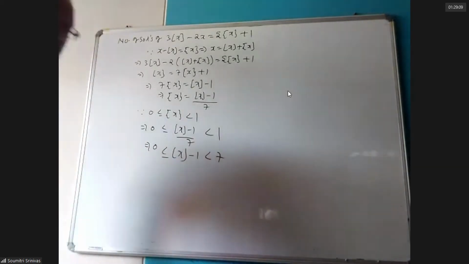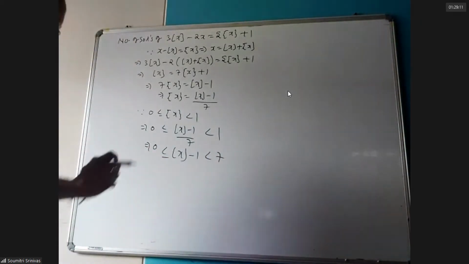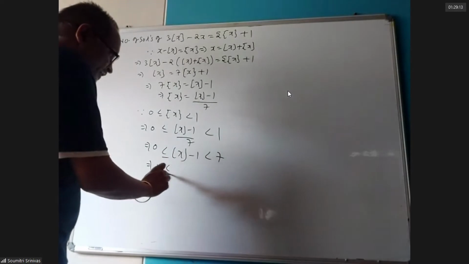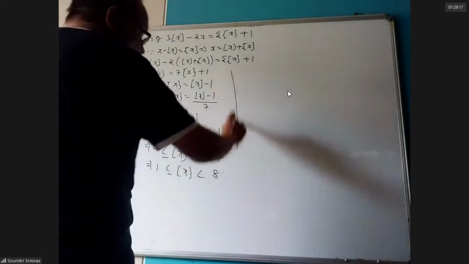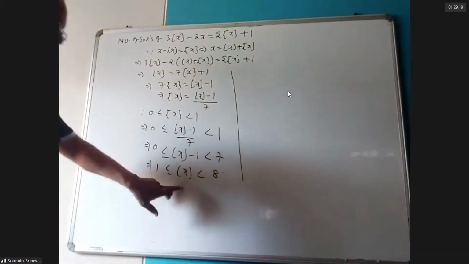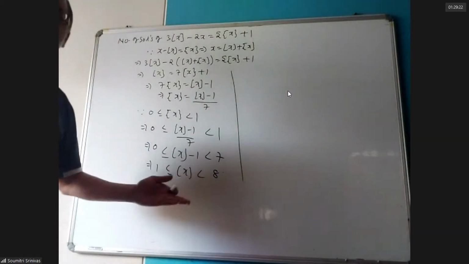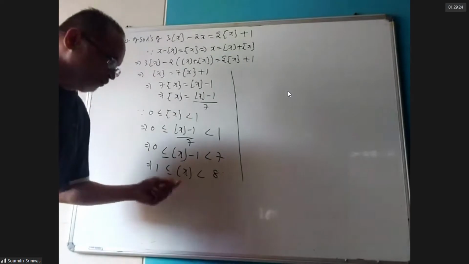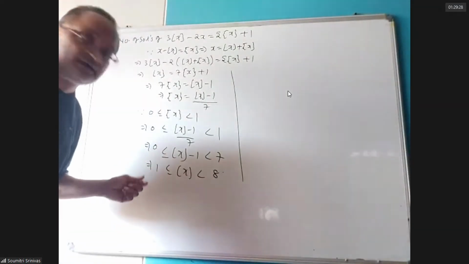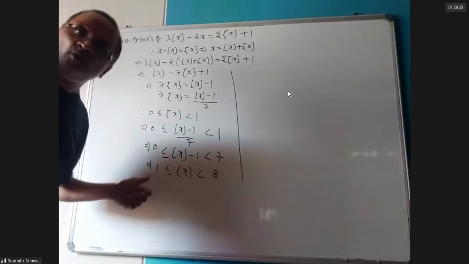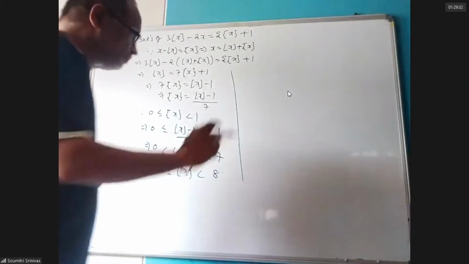Correct? You will add 1. What will I get? 1 less than or equal to step x less than 8. Done. Step x means integers. We can say number of solutions. What are the integers lying between 1 and 8? 1 included, 8 excluded. What will I get?